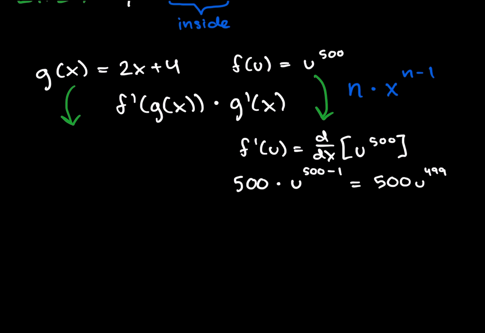Now, we have to find the derivative of g of x. So, the derivative of 2x plus 4, at first glance, might be a bit confusing since it might at first seem like just something you have to know.